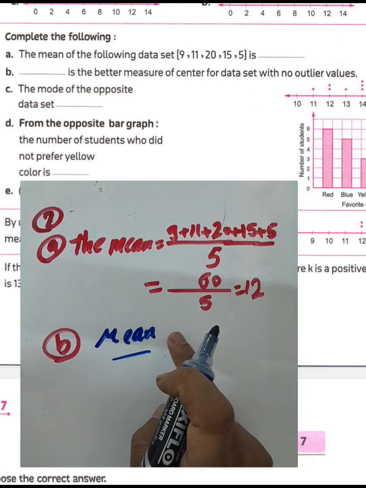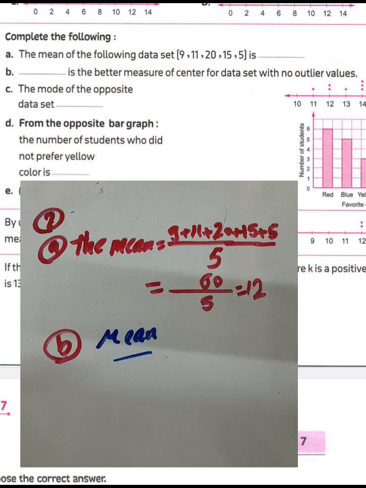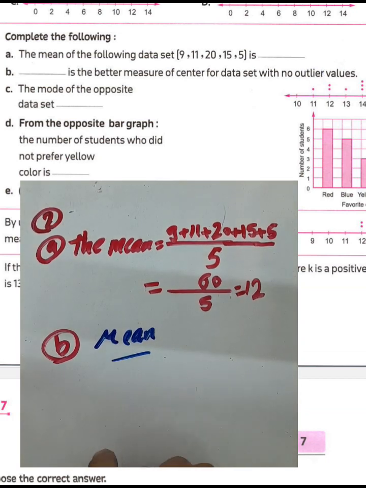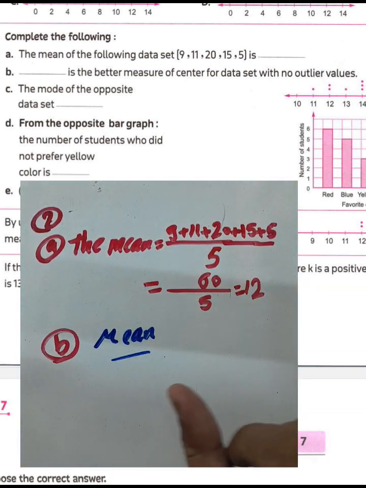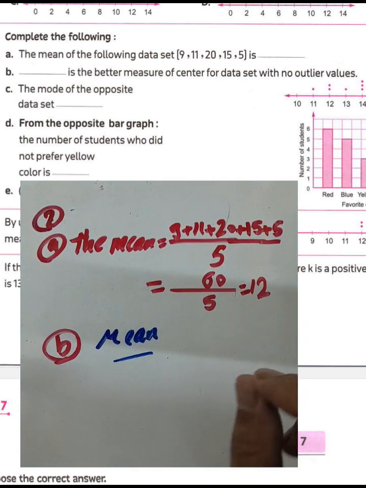Again, we use the mean where the data will have no outlier values. If we have no outlier, you must use the mean. But if we have the outlier, you must arrange ascending or descending to find the median.